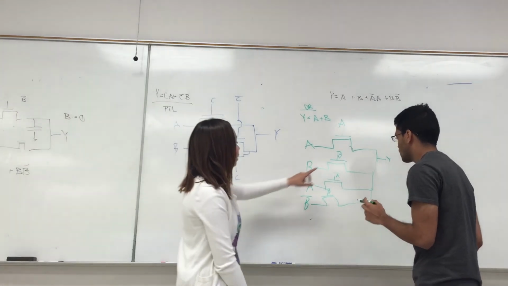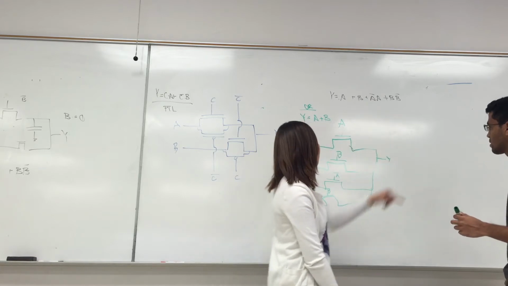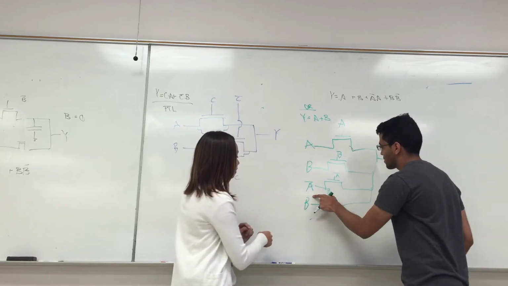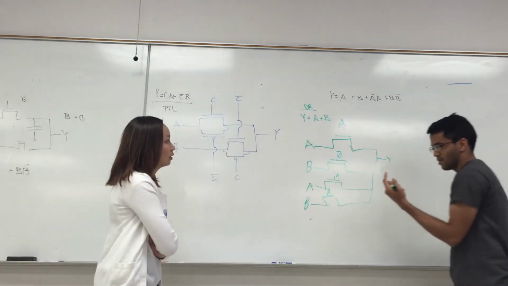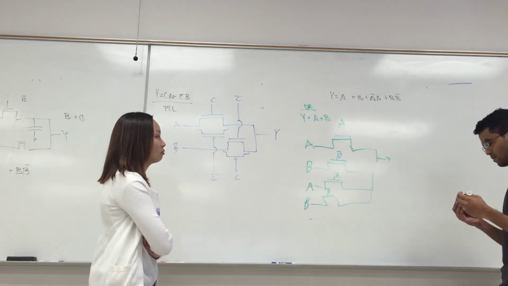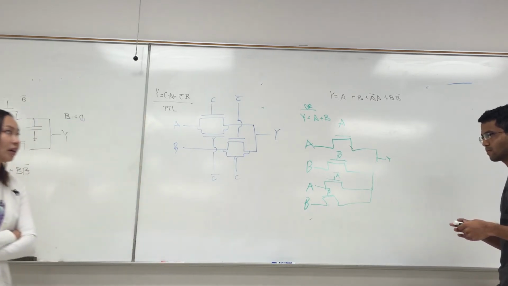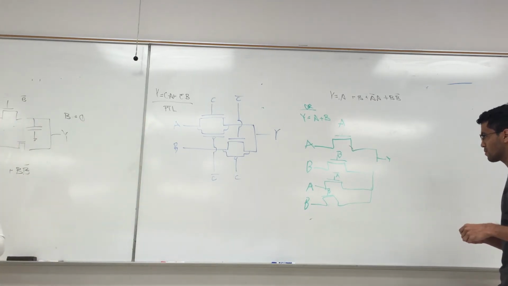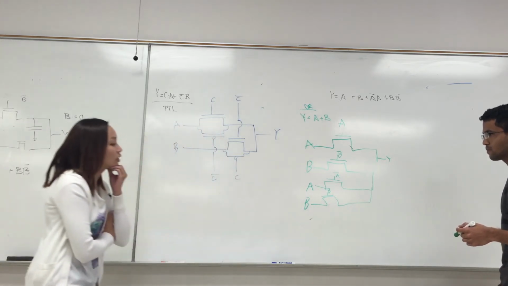So the logic you have here is A bar A, and this one's B bar B. Yeah, so that's the same. That works too. There is another way: if you're the circuit designer and you could call in another input, you would call in that other input and falsify it in here, like a C or something.